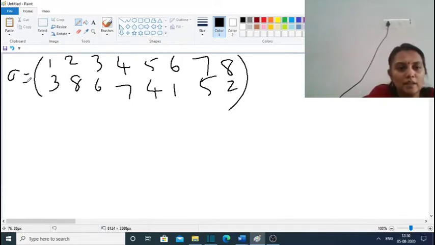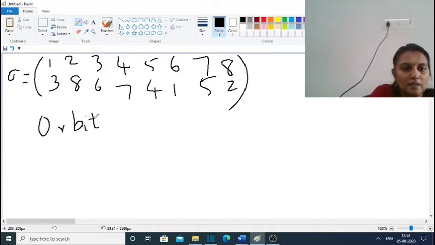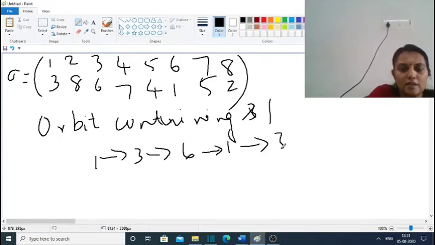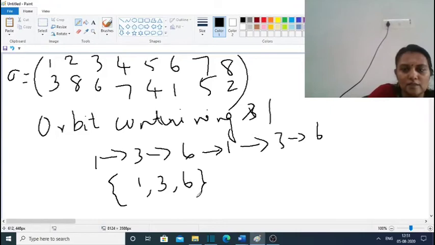For that, first we find the orbit containing 1. So 1 goes to 3, 3 goes to 6, 6 goes to 1, again 3, 6, 1. So the orbit containing 1 is {1, 3, 6}.